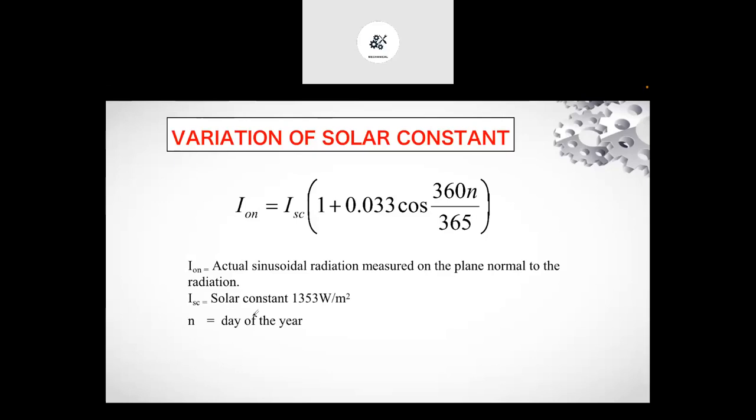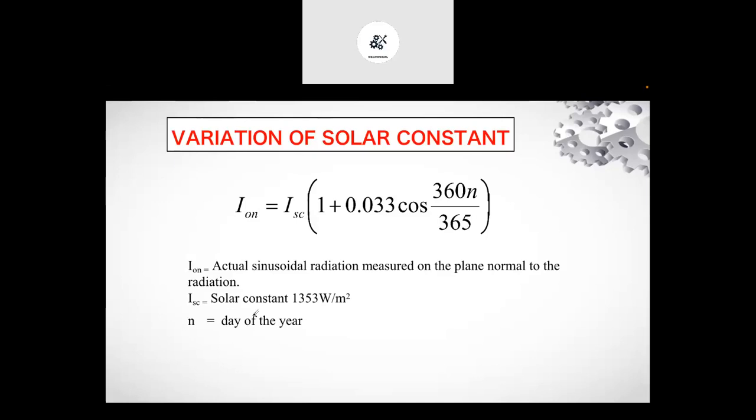This variation also depends upon the days or the seasons, because as the days pass, the relative position of the sun and Earth changes. So the solar radiation, or the solar constant, also changes.